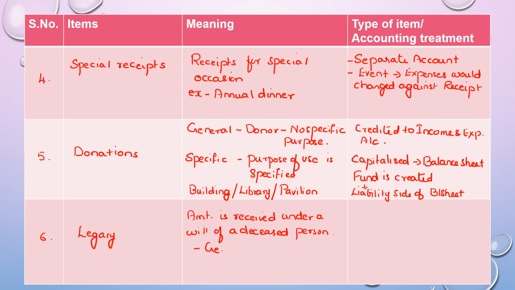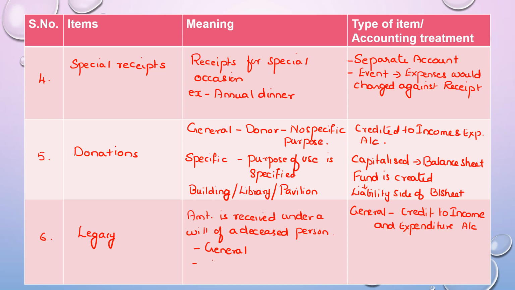When the purpose has not been specified, it is general, so it can be used for any purpose. So what do we do when it is a general legacy donation? We credit it to the income and expenditure account. It can be utilized for any purpose.